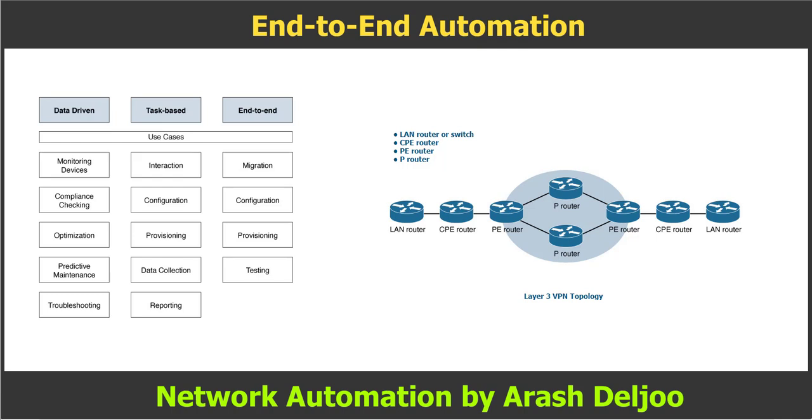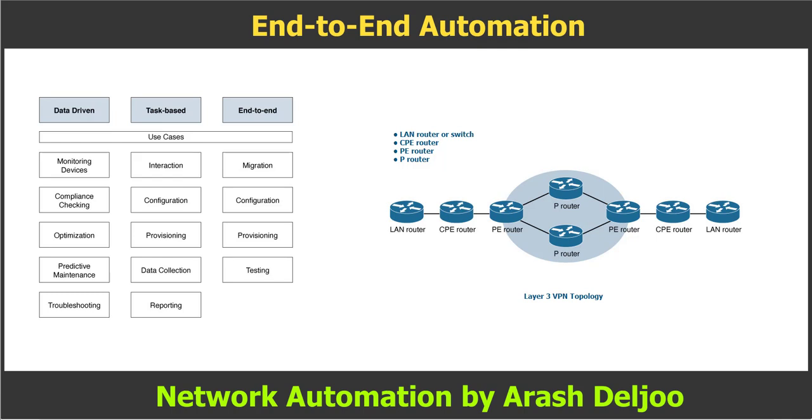The first question is, what is end-to-end automation? End-to-end automation is not a unique type of automation, but a combination of data-driven and task-based automation. It can also be seen as a combination of several use cases of the same type.